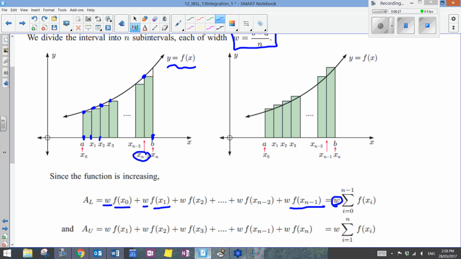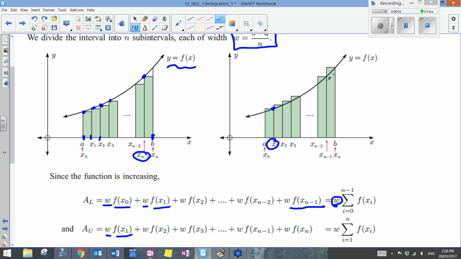We also noticed in class the other day when we did our upper rectangles, it was the same pattern, width times height, but we started with the right corner or the opposite corner, depending on whether the graph is concave up or concave down. And that's just looking at the top of the rectangle and noticing where it hits the curve. So this first rectangle hits the curve in the top right corner. So I would sub in x sub 1 as my first x value to find my corresponding height.